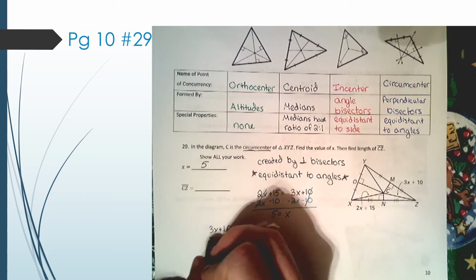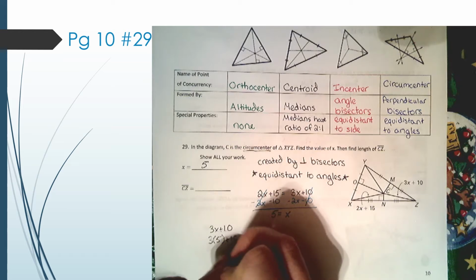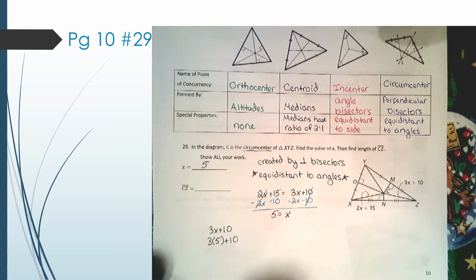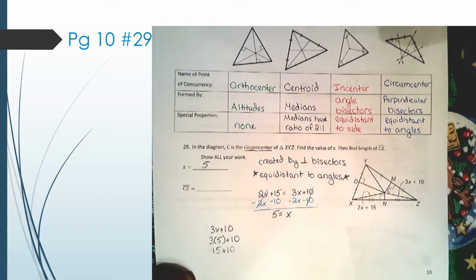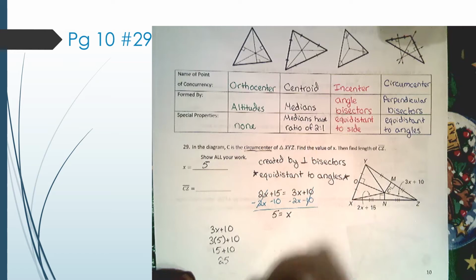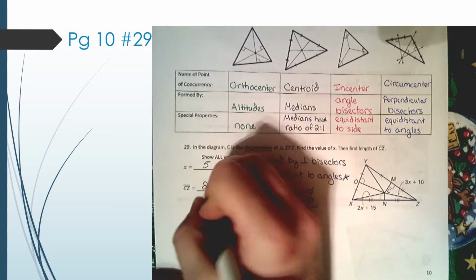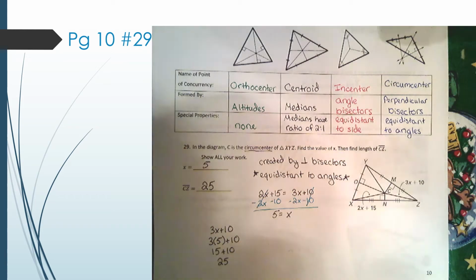Well, instead of x, I'm going to put 5, so 3 times 5 plus 10. 15 plus 10 equals 25. So CZ has a length of 25, and they didn't say any specific unit, so I'm just going to leave my answer like that.